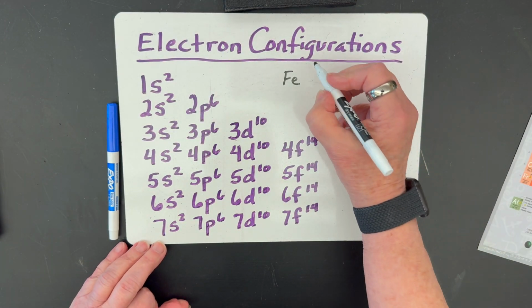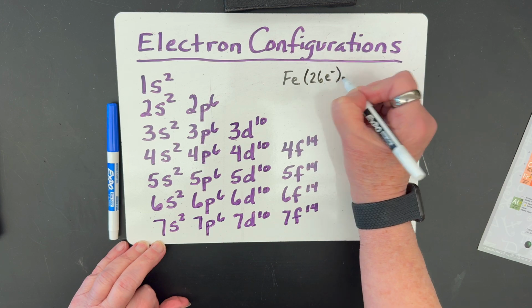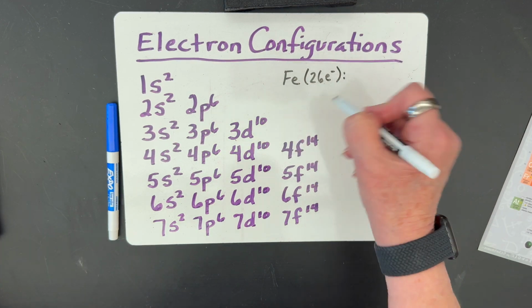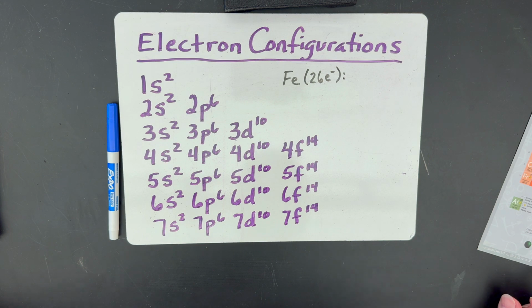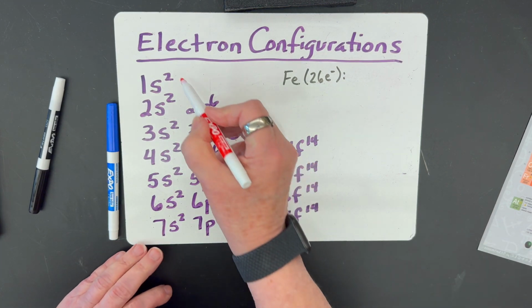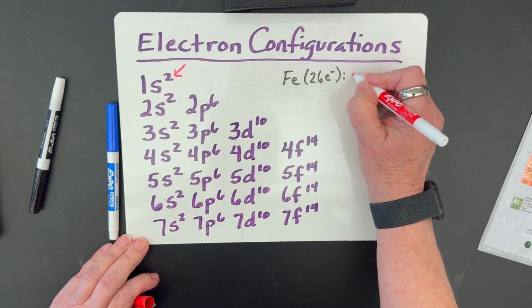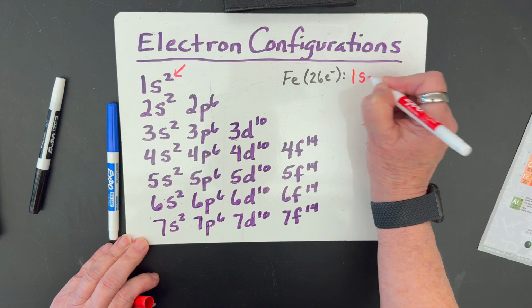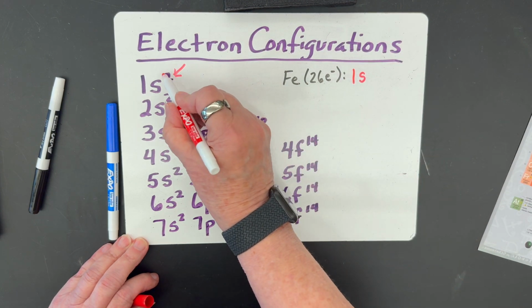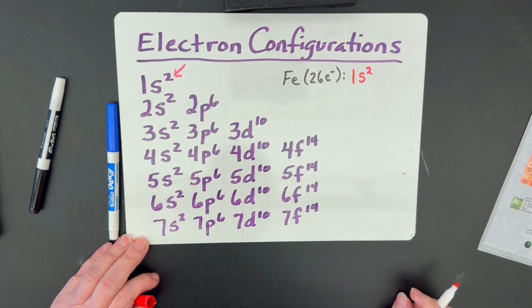That means it has 26 electrons, and we need to account for the location of each of those 26 electrons. So we start at the top of our diagram, and the first two are going to go into the 1s orbital, and it can hold a maximum of 2, so we're going to fill it up.